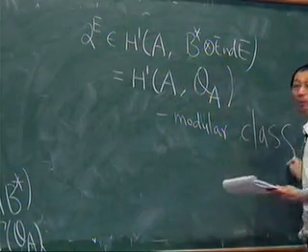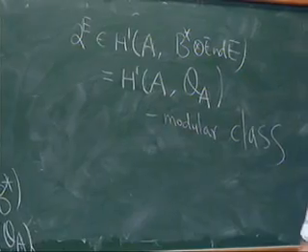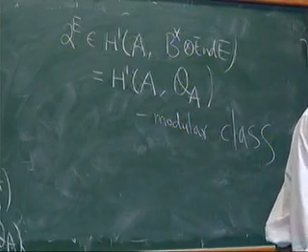So you can realize the modular class of a Lie algebroid is just a special case of the RTL class.